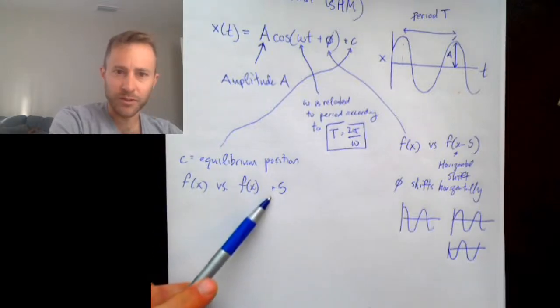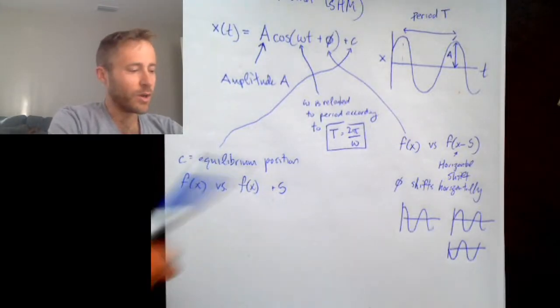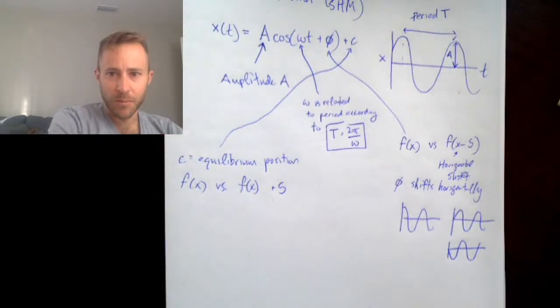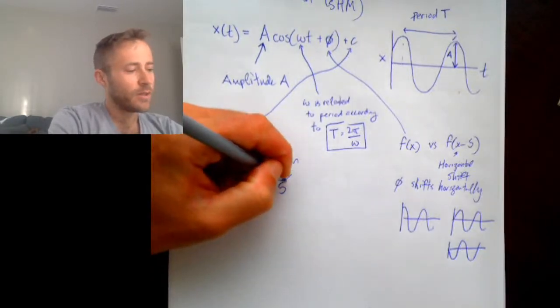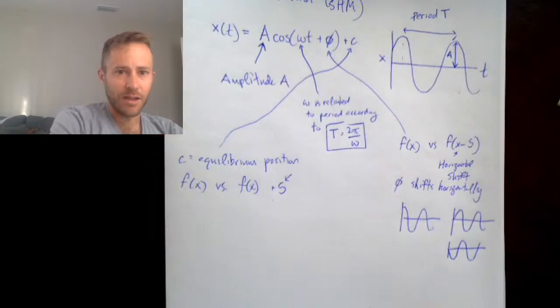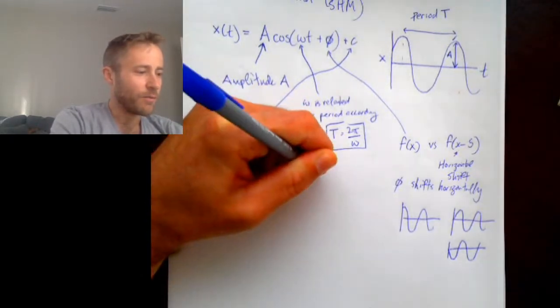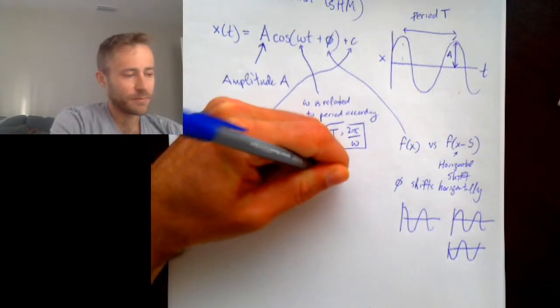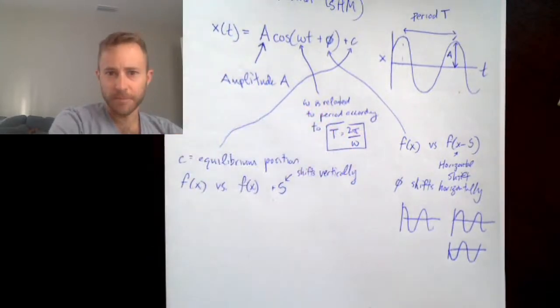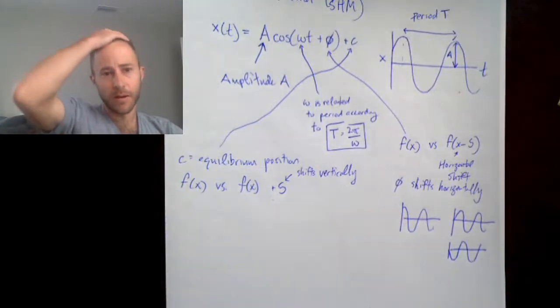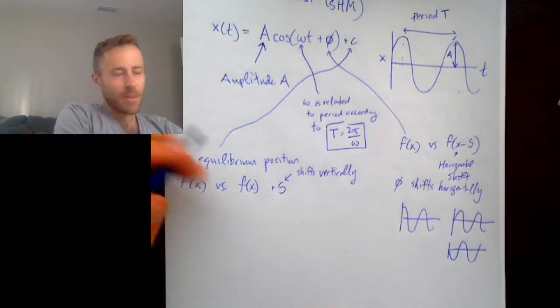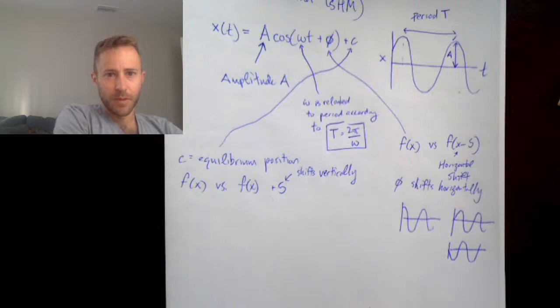Here the plus is outside. And so if you remember graphing functions, you know that adding something to the end basically shifts the graph vertically by a certain amount.